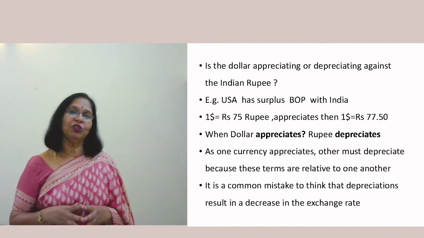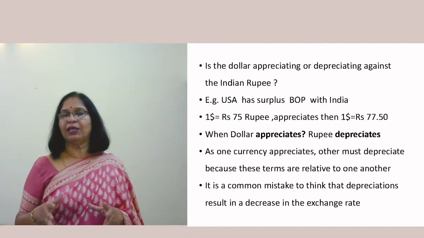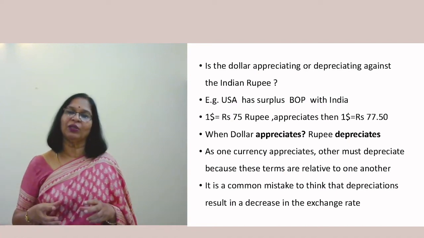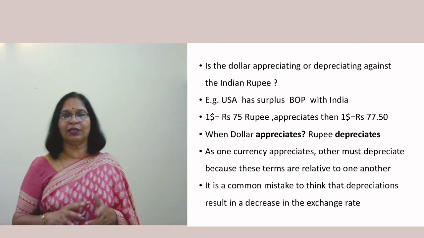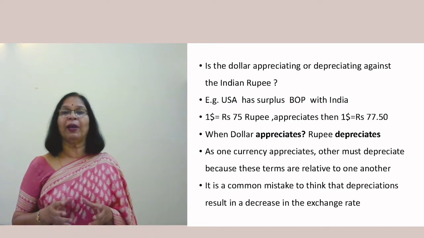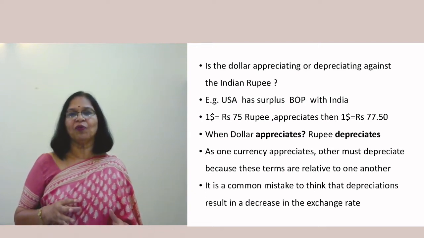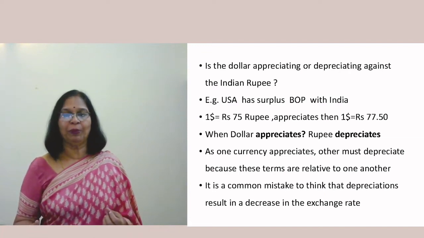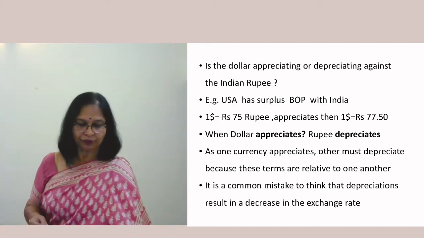The other thing that we need to know is when one currency appreciates, automatically the other currency will depreciate. The reason is the currencies are related to each other and they are sold in pairs. So when the dollar appreciates, automatically the rupee must depreciate.